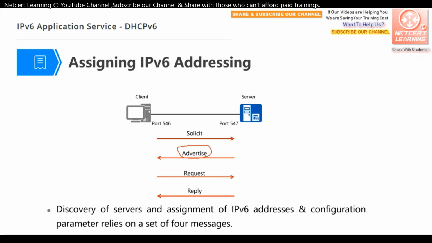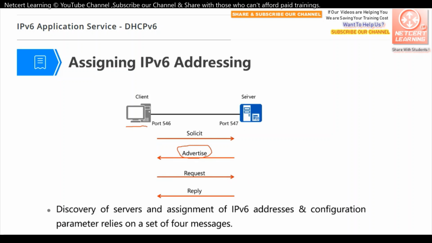And the client may receive several advertisement packets from different servers if we have multiple servers. So the client will select the optimal server based on the priority of the server, and then it will multicast the request to all the servers to tell them which server is the optimal server.